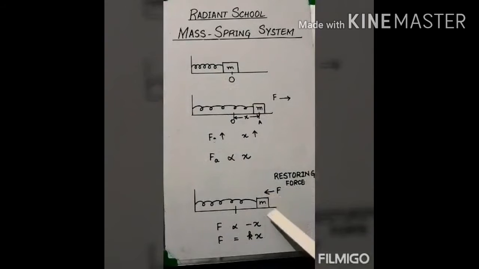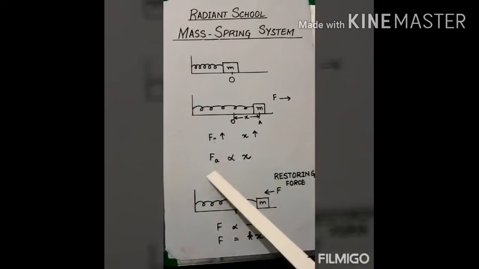That force, the reaction force, will be in the opposite direction to the applied force. What will be the direction of the reaction force? It will be towards the mean position. This reaction force is known as restoring force. The restoring force tends to take the mass back to the mean point.